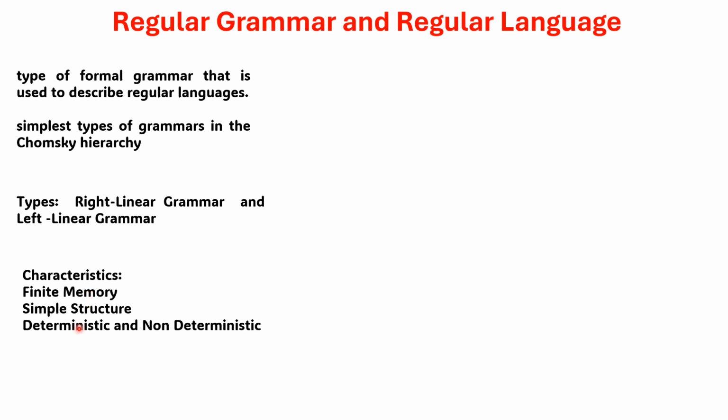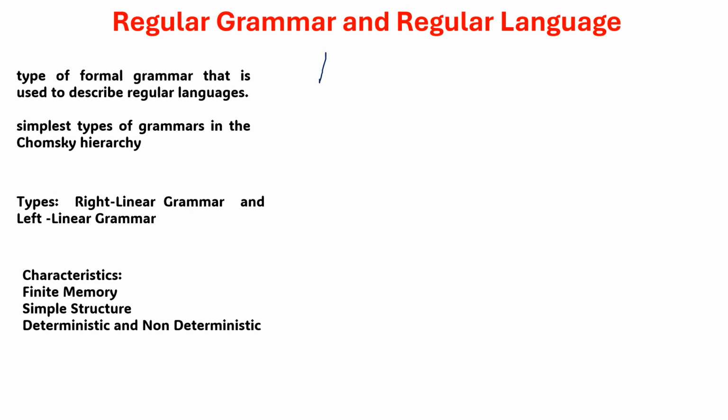We can handle only finite memory, so generally we use finite automata here, and it is a symbol structure. We can use it only for symbol pattern matching, and it supports finite automata, which can be deterministic as well as non-deterministic. Okay, so we are going to see the example.